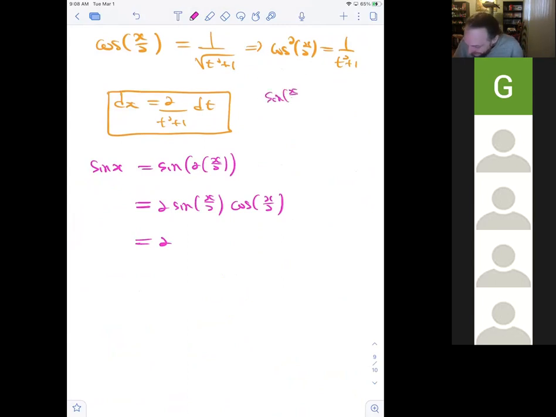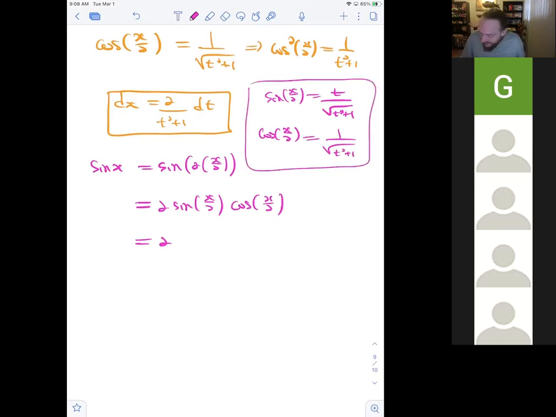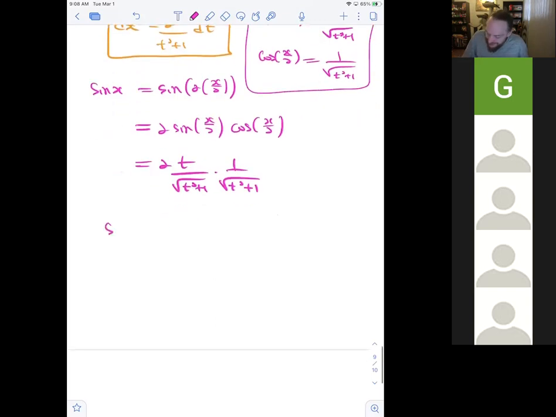Sine x over 2 is equal to t over the square root of t squared plus 1, and cos x over 2 we already saw is equal to 1 over the square root of t squared plus 1. So if I put that in there, I'm going to get t over the square root of t squared plus 1 times 1 over the square root of t squared plus 1. So that says sine x is equal to 2t over t squared plus 1.